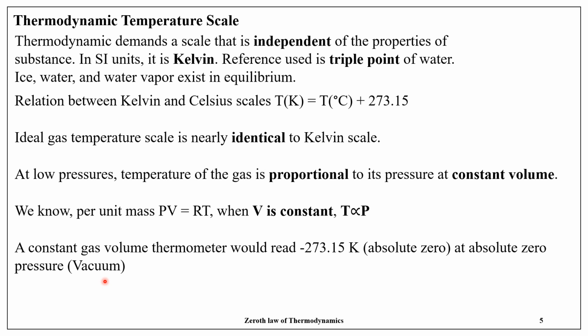We are measuring the pressure with respect to the atmospheric pressure, called gauge pressure. So gauge pressure tells you the difference between absolute pressure and atmospheric pressure. Absolute zero pressure means complete vacuum.